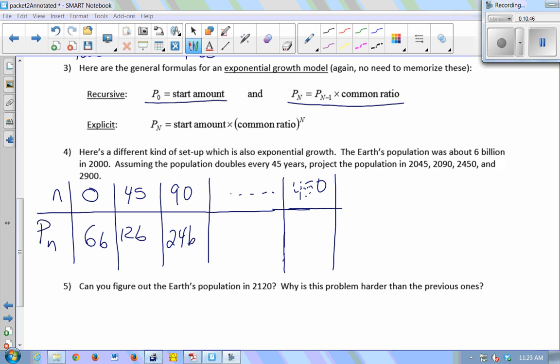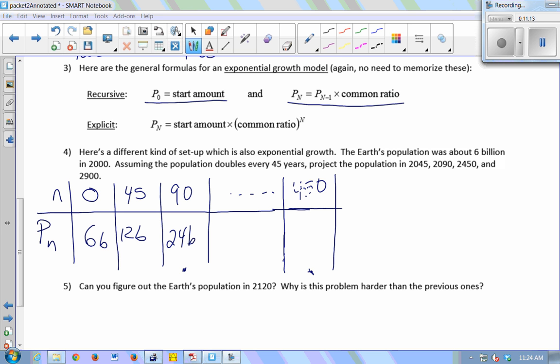Okay, so from just a couple of different approaches that I saw, one common one was to say, okay, from here to here, how many years have gone by? 360. So from 2090 to 2450, 360 years have passed. How many sets of 45 years are there in 360? 8.